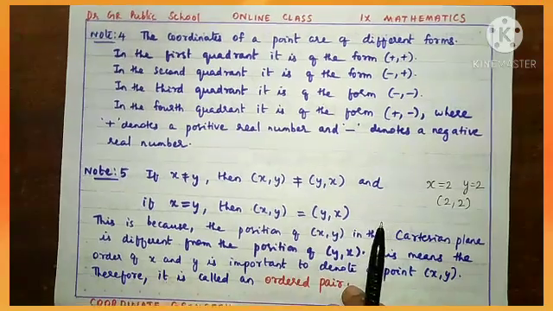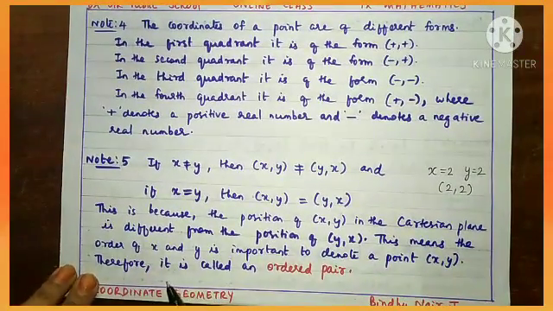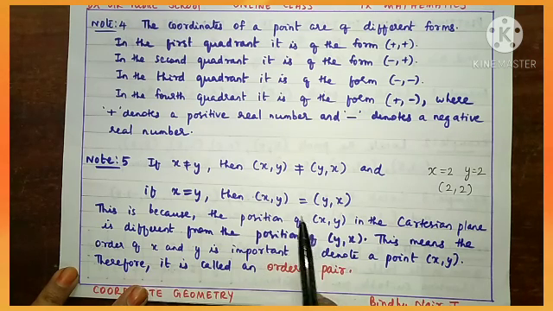Okay? Understand? So what is written here? This is because the position of (x, y) in the Cartesian plane is different from the position of (y, x). Each point has a different place. This means the order of x and y is important to denote a point (x, y).